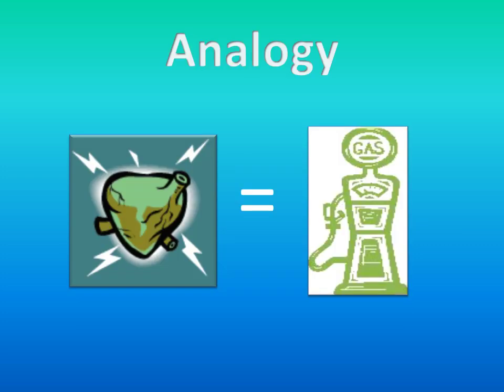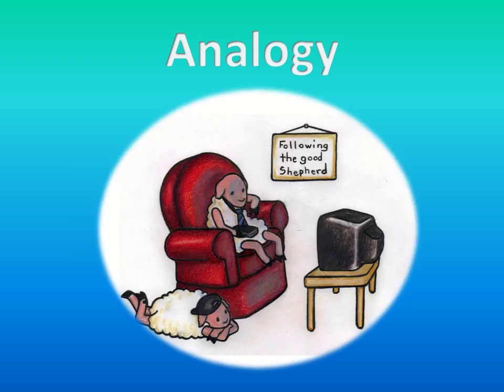For example, an analogy is often made between a heart and a pump, as the heart pumps the blood around the body. In the Bible, we often see an analogy between God, who is the shepherd, Jesus, the good shepherd, and his people that are the sheep.